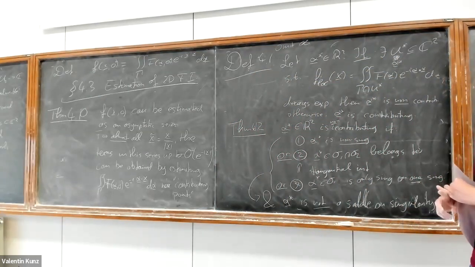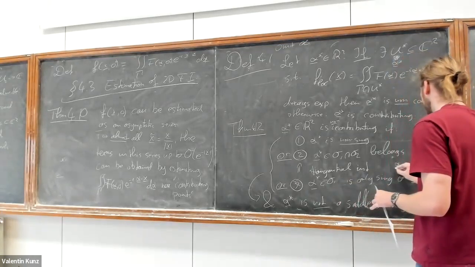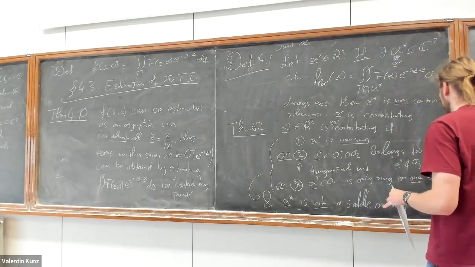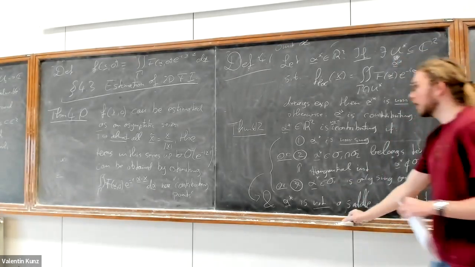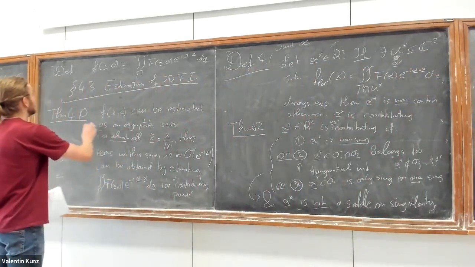It does not belong to an intersection. So alpha star is in sigma 1, but alpha star is not in any sigma j when j is not equal to 1. I will quickly tell you what a subtle is and then we'll stop.